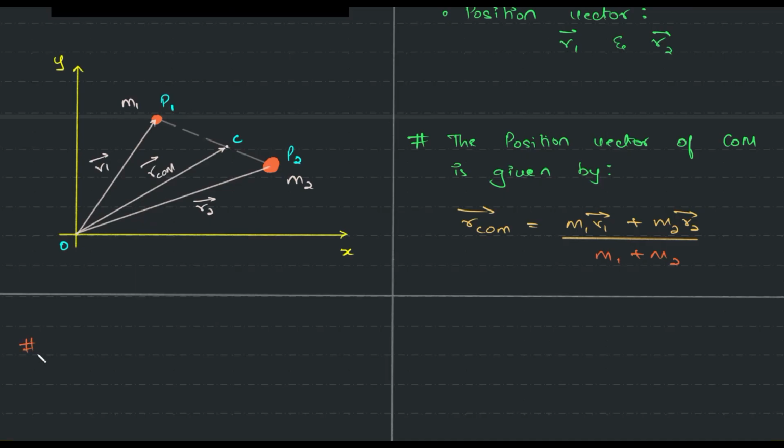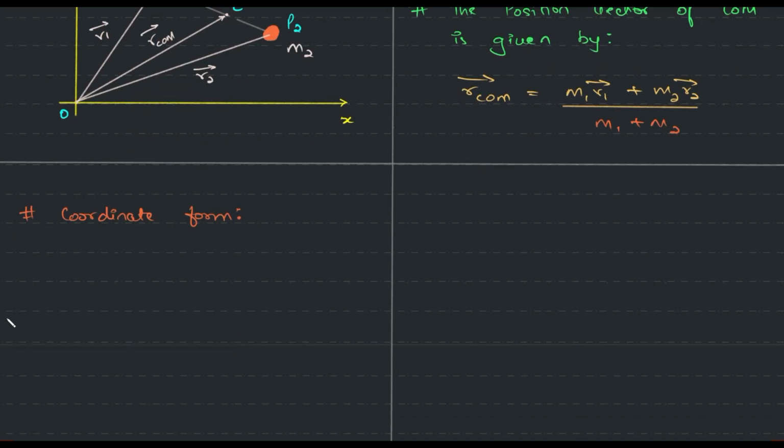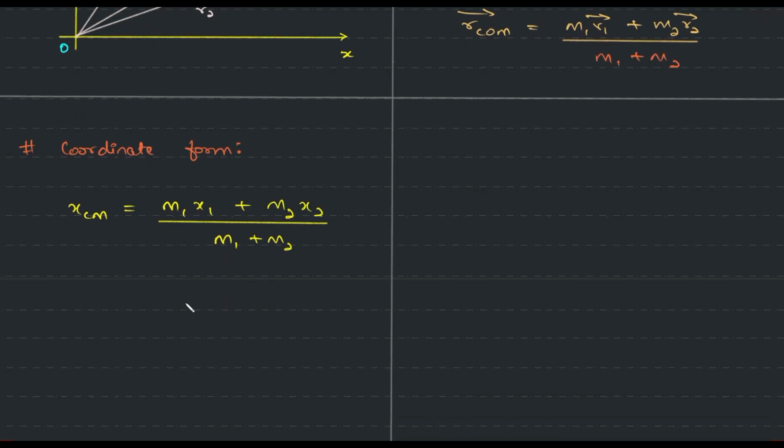Then in coordinate form, same thing. Along the x-axis, it would be M1 x1 plus M2 x2, this entire expression divided by M1 plus M2. You can see the pattern over here.